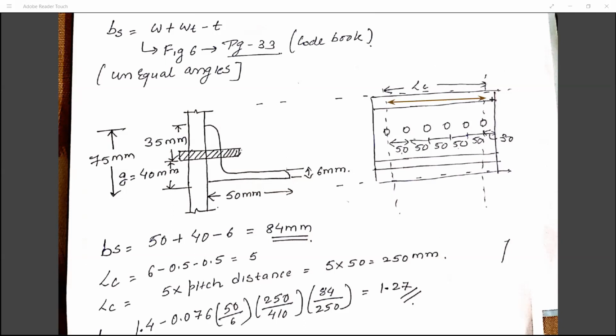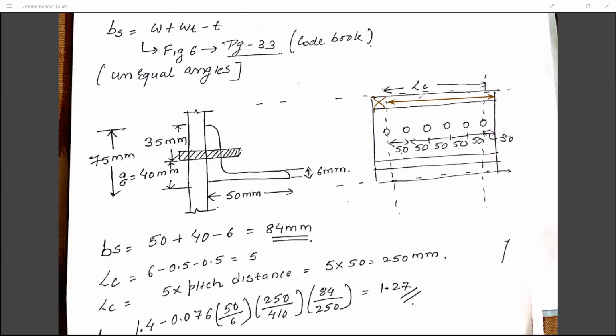To calculate AVG, we leave this rupture failure edge distance, because our tension failure is at this point only, with respect to the critical section.